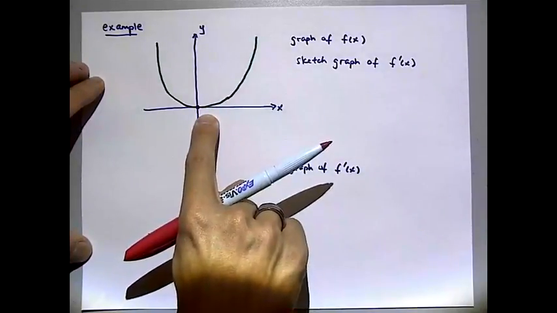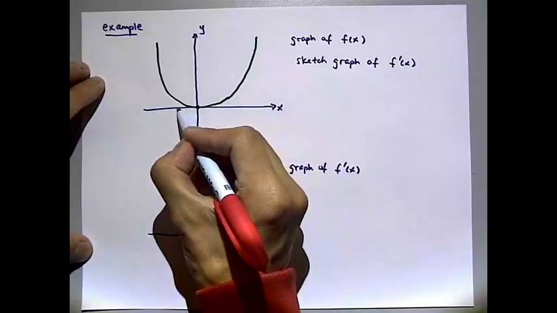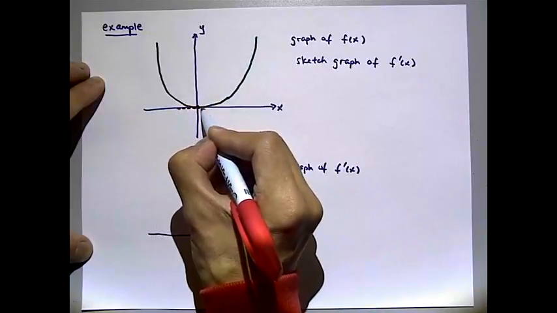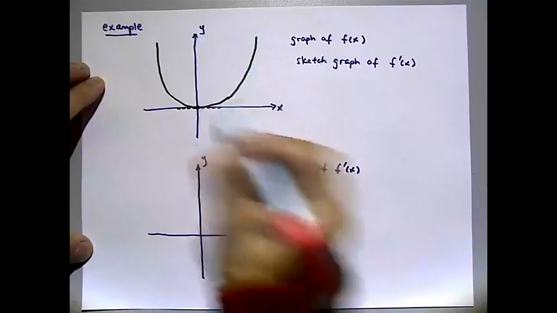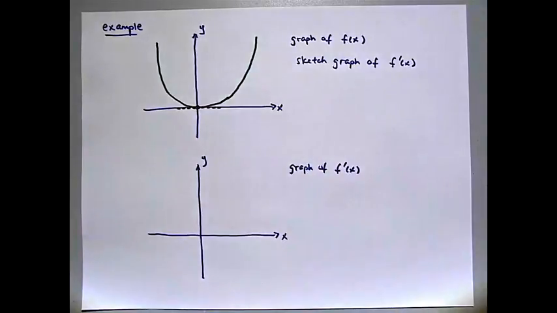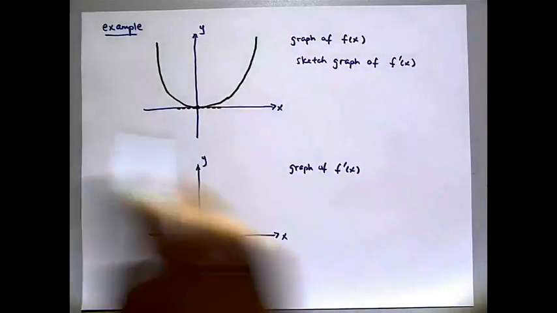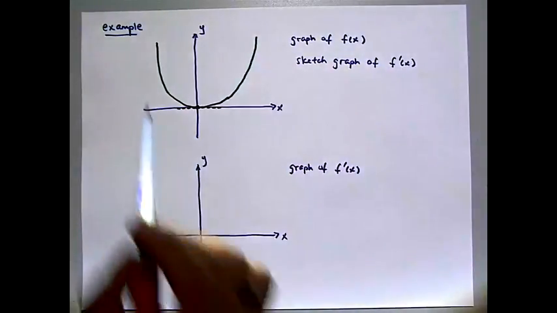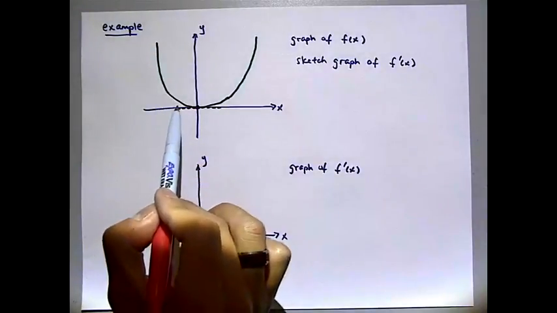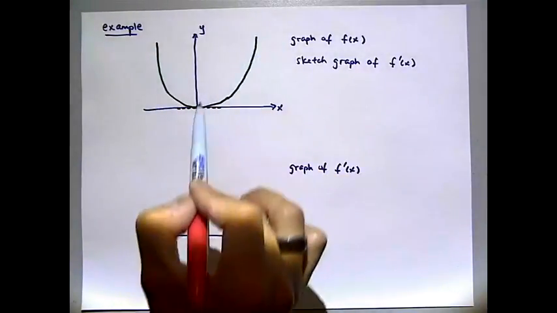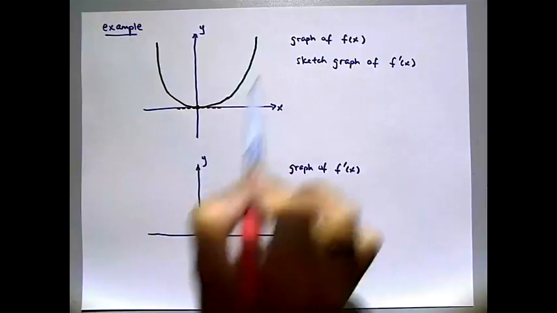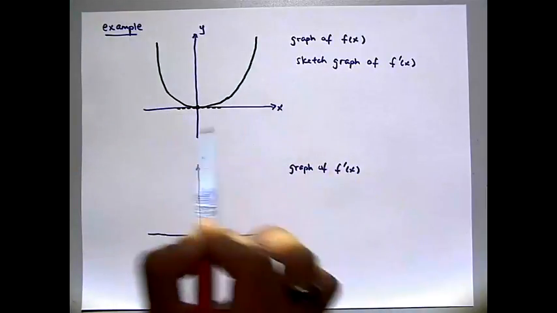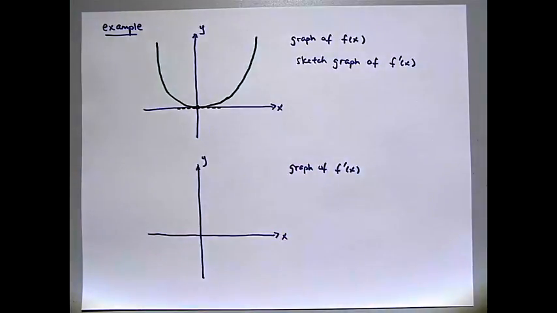At 0, my tangent line looks kind of like this. Right? It's a horizontal line at the point where this thing is turning. All the tangent lines here are negative. All the tangent lines here are positive.